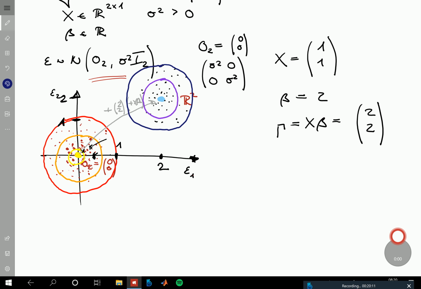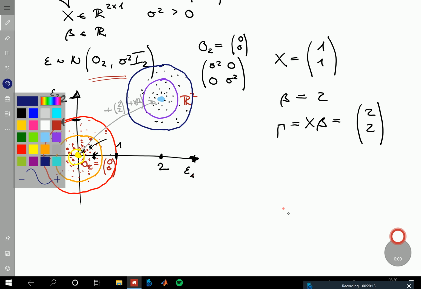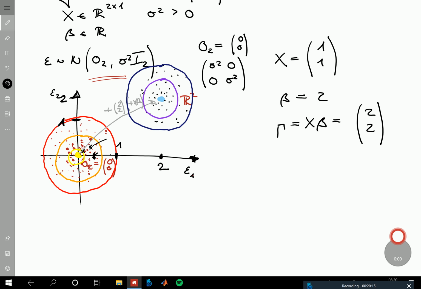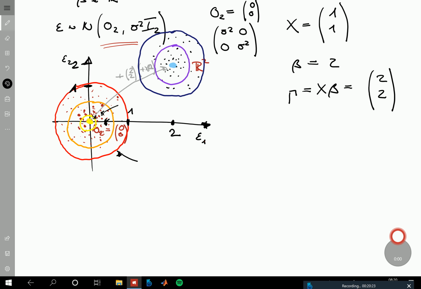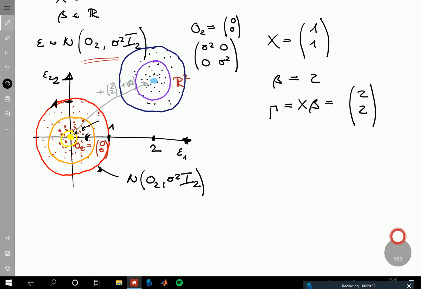Now the crucial thing is, if you do this, we expressed this as a bivariate normal distribution of this form. Any guesses about the form of this bivariate Gaussian? What do you reckon about its parameters? Is the expectation parameter two zeros, or what's the expectation parameter?